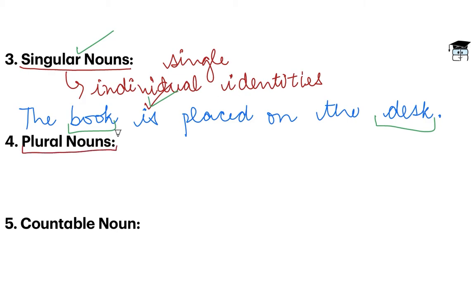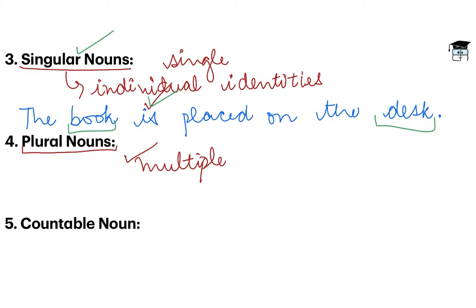What are plural nouns? These nouns refer to names of multiple people, places, and objects. Right? So whatever we're talking about in plural nouns are not individual identities, rather they are multiple identities. Right?